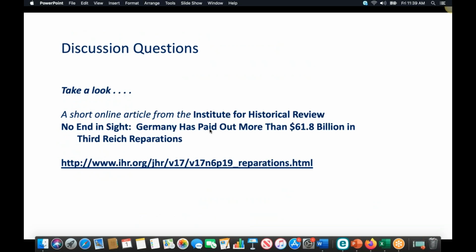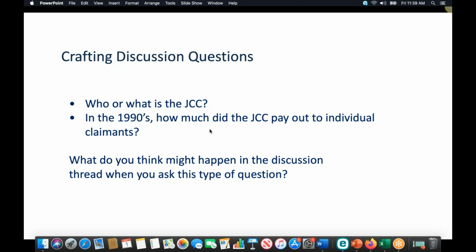Imagine that you just read this article, all right? Controversial article, already is gonna stir up some stuff for people, okay? You won't actually get a chance to read it, although you'll hopefully have access to the PowerPoint and you can go look at it if you like. But let's imagine we didn't ask great questions. Let's imagine that we had students read that article and we had them in a discussion forum or in a Zoom session, or whatever the manifestation may be, respond to that article with a question like, well, who or what is the JCC?